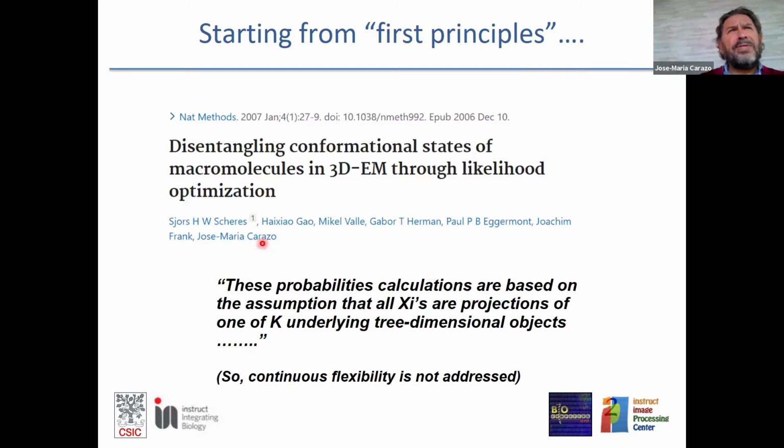If you go to our original paper, in which we described one of the most popular methods, the maximum likelihood approach for 3D classification in 2007, we made very clear the hypothesis underlying the method, and this was that all images were coming from defined, concrete structural classes. So we were not having the case of a continuous flexibility in the macromolecule, but the case of discrete states that were the classes that we were going to classify through these procedures.